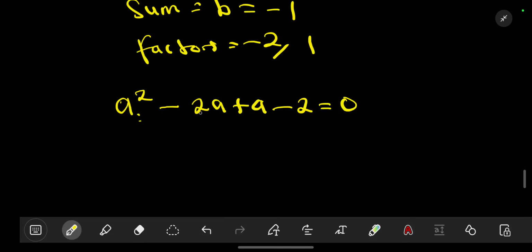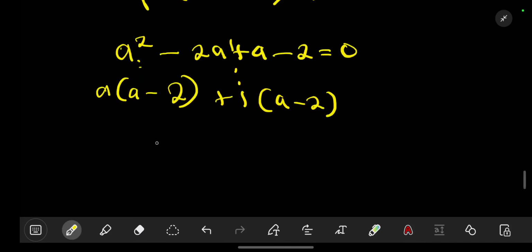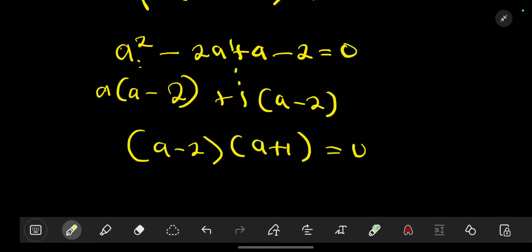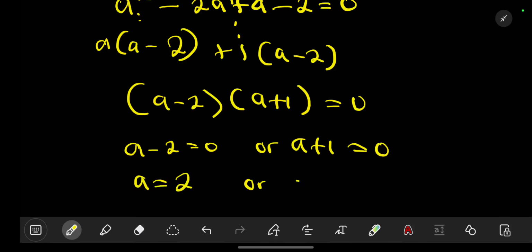So a is common here: a(a minus 2) plus 1(a minus 2). Picking one bracket, we have (a minus 2)(a plus 1) equal to 0. So a minus 2 is equal to 0, or a plus 1 is equal to 0. So a is equal to positive 2, or a is equal to negative 1.